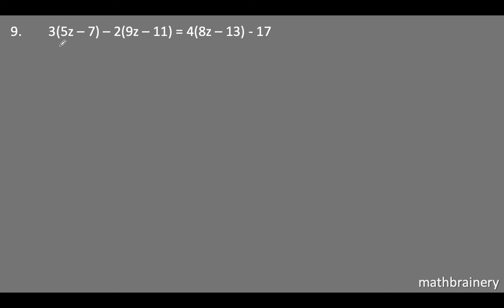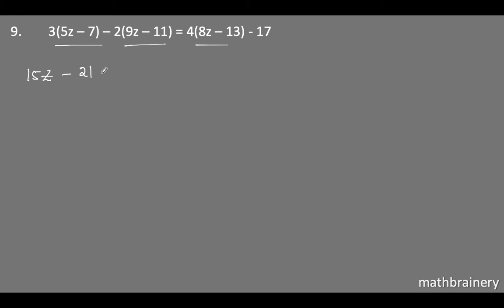You have 3 into 5z minus 7 minus 2 into 9z minus 11 is equal to 4 times 8z minus 13 minus 17. Again, let's use the distributive law and expand these brackets first. 3 into 5z is 15z minus 3 into 7 is 21.